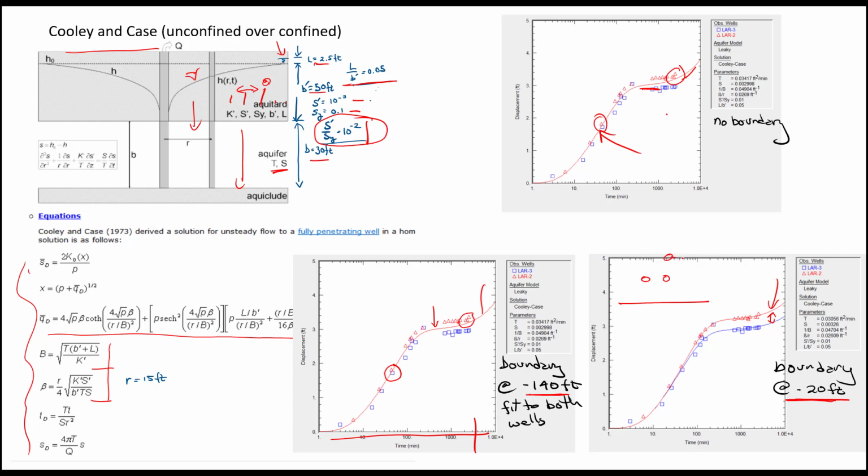The monitoring well with the greater drawdown, LAR2, is further away. Okay, so that's interesting. We get a really good fit to the data, but it requires that this boundary is at 20 feet, which is much closer than the boundary actually is.